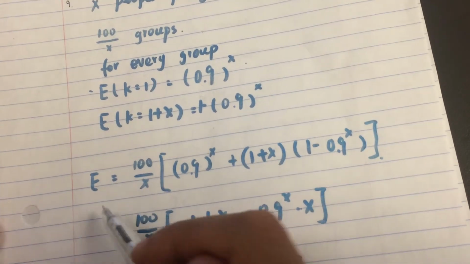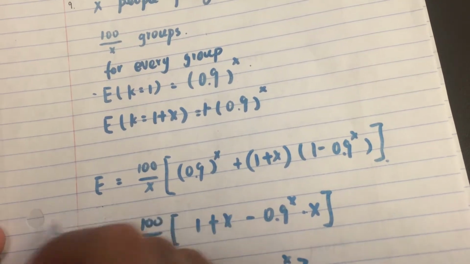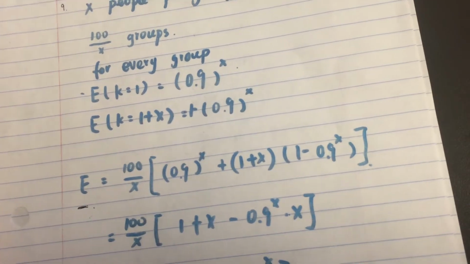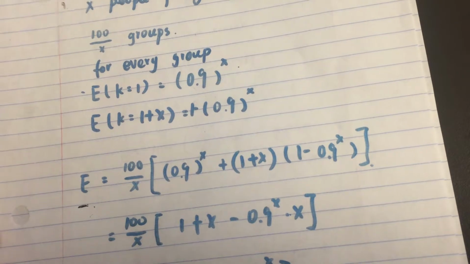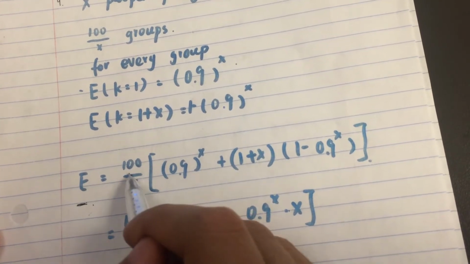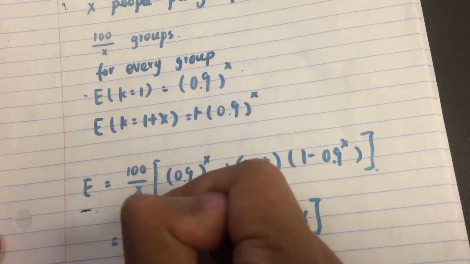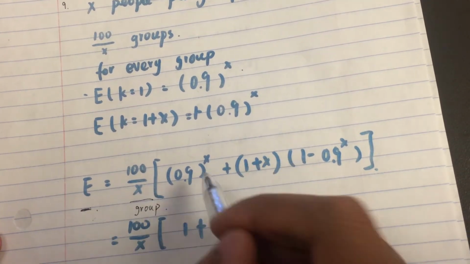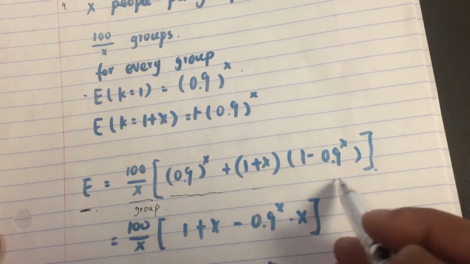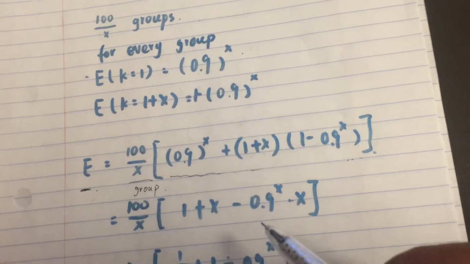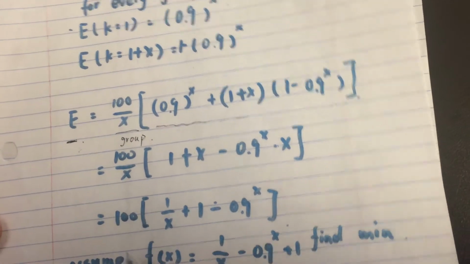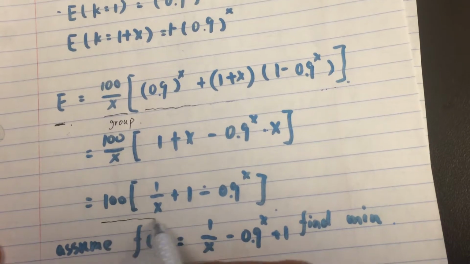So we can see the last, and this is the result for x. Here is the group number, and it's the average number that each group will take, and we can see that it will look like this function.